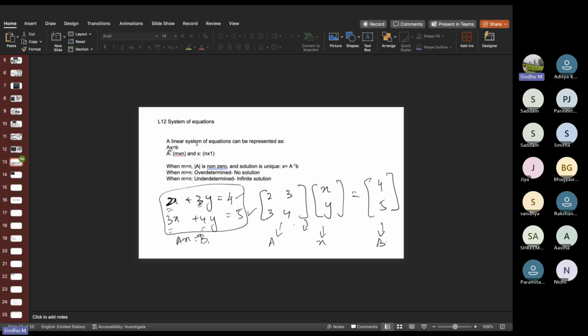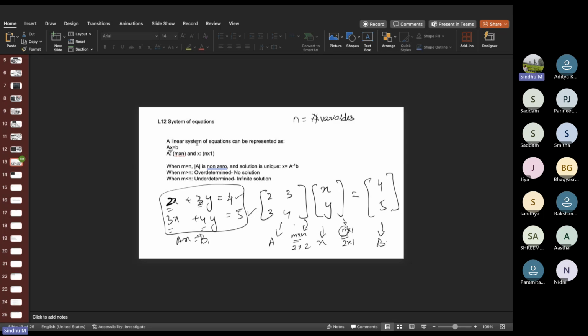So M cross N matrix. For example, in this case, it is a 2 cross 1. And here M cross N means here it is a 2 cross 2 matrix. So this N is the number of variables, and this M will be the number of equations.